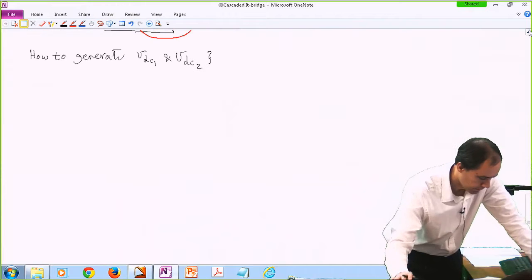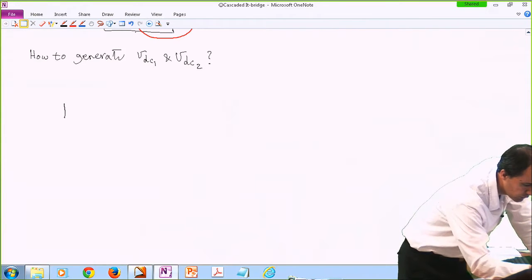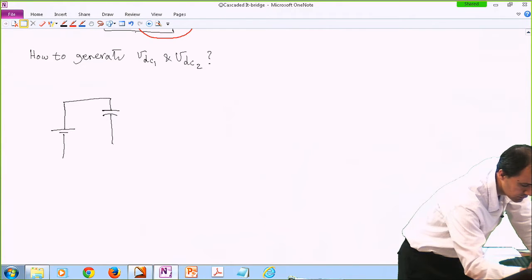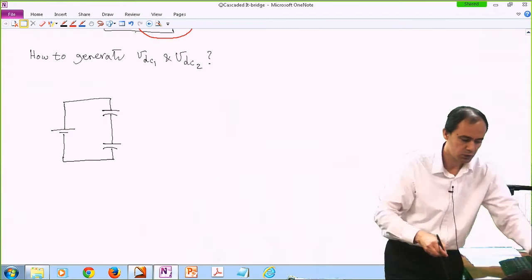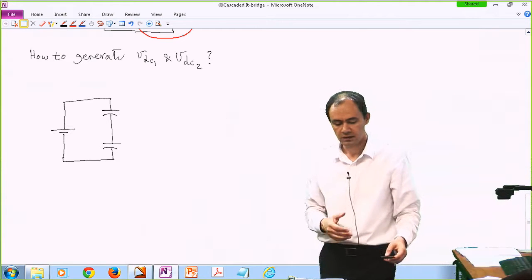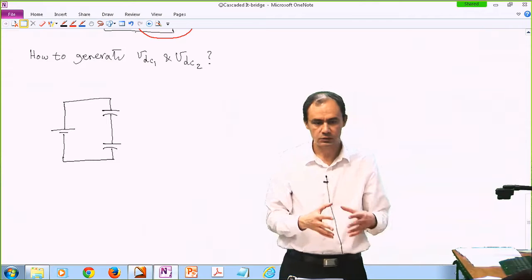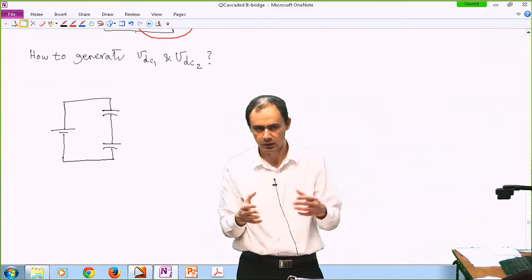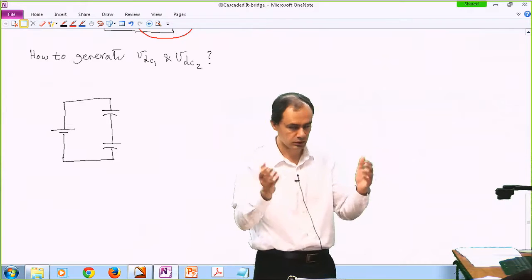So what we usually do is we only have one DC source, and then we kind of split the voltage of this DC source using two capacitors. The value in terms of size of these two caps, they are the same basically, like both of them are 200 micro or something like that.